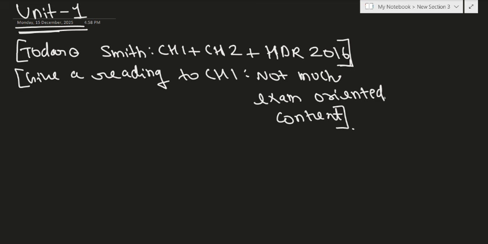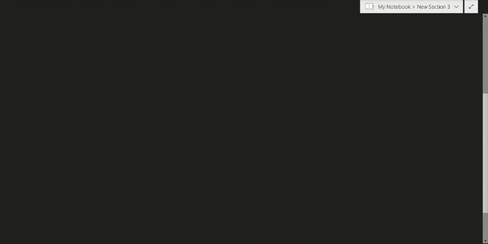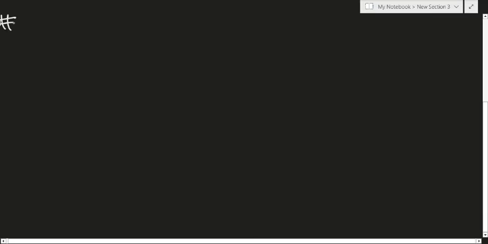Let's try to have a fair idea of what chapter 2, comparative economic development, is telling us. Section 2.2 basically tells us the classification of national economic development.